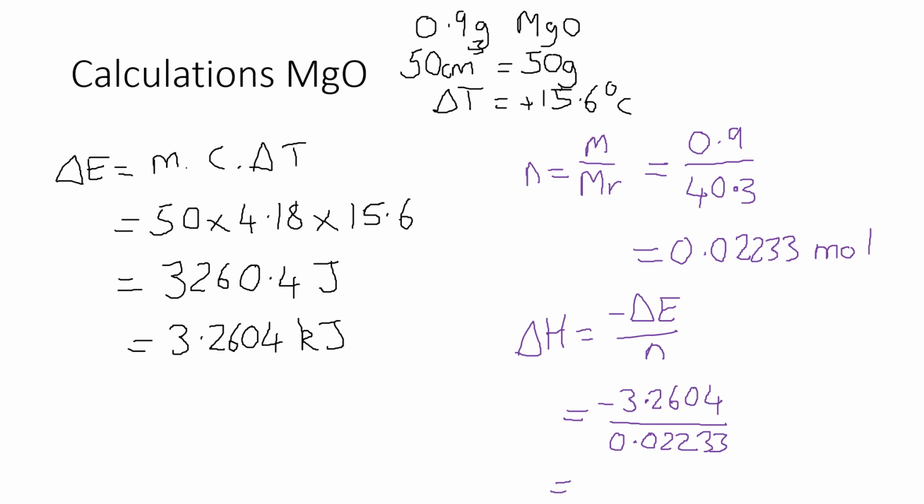And when you put that into the calculator, that comes out as minus 146 kilojoules per mole to three significant figures. So it's exothermic, and 146 kilojoules per mole has been released in terms of energy. And what we're going to do on the next slide is repeat that for the magnesium carbonate.